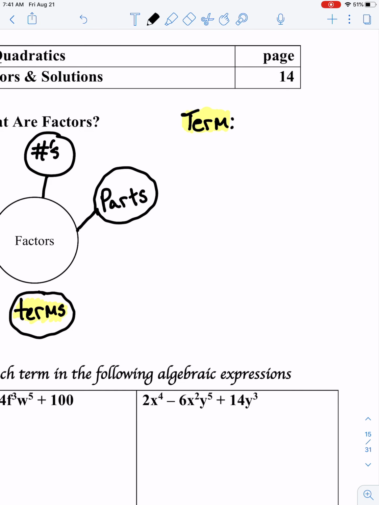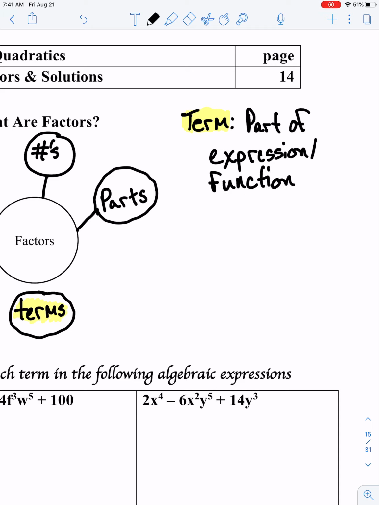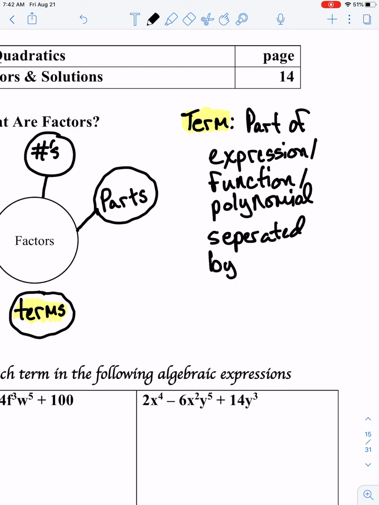So a term is a part of an expression, a function, or polynomial that is separated by addition and subtraction signs. That's going to be huge when it comes to factoring.